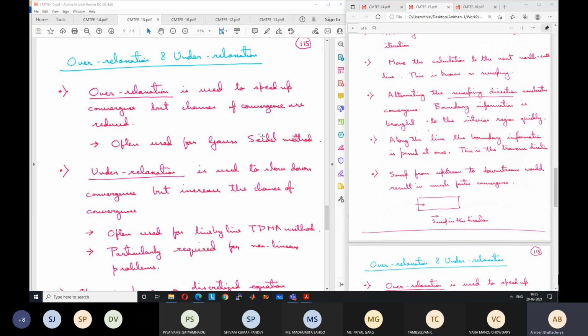And you will see that there is something called an under relaxation factor or relaxation factor, or some similar name. And we can select some value like 0.8, 0.7, 0.5 there.